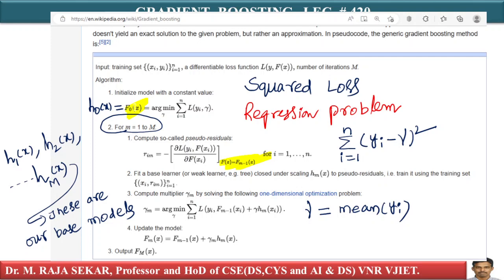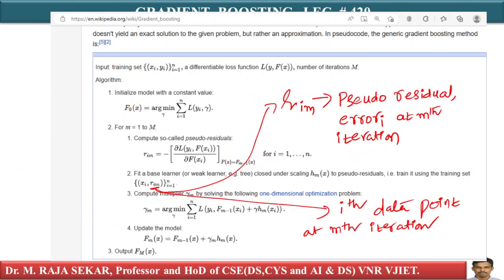Once I get the pseudo residual, I will create a new training set. Pseudo residual at the mth stage, for the ith point.